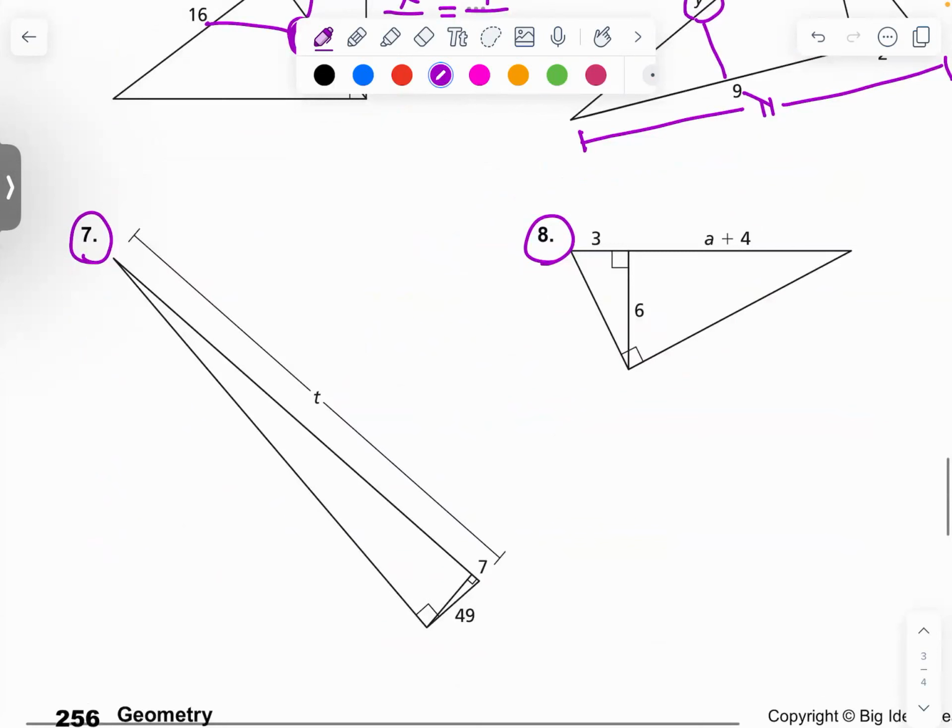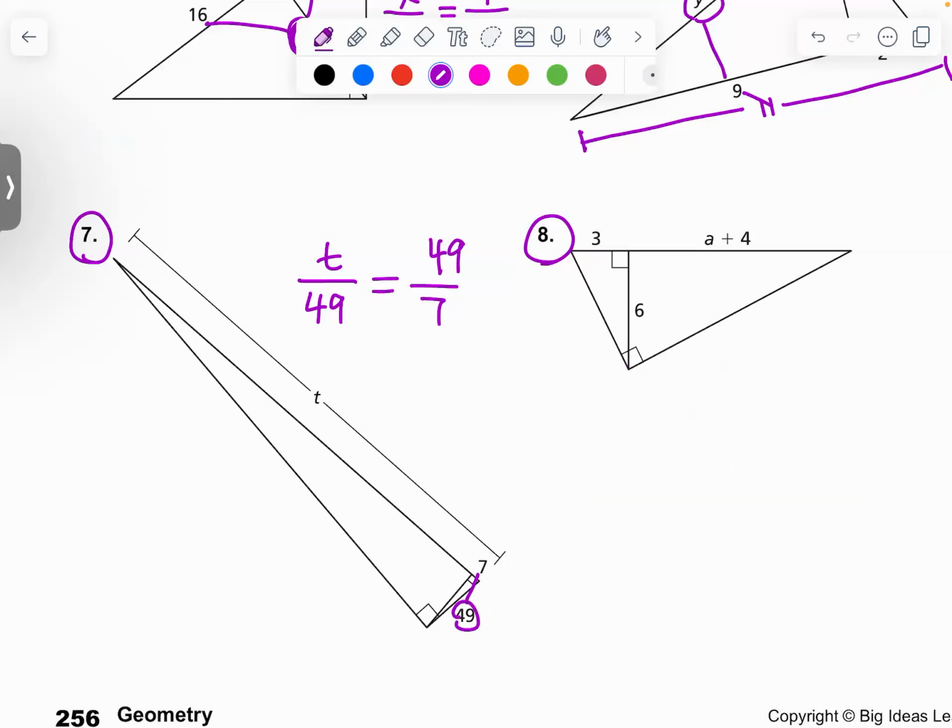Ben, what do you have for number 7? T over 49, and then 49 over 7. Okay, so 49 is one of the legs of the big triangle. It's the geometric mean between the little piece of the hypotenuse and the whole hypotenuse.